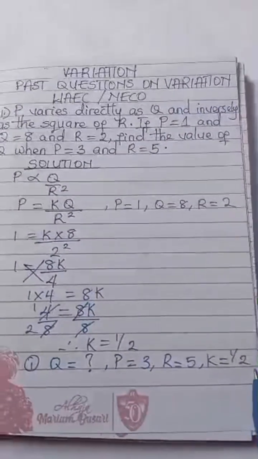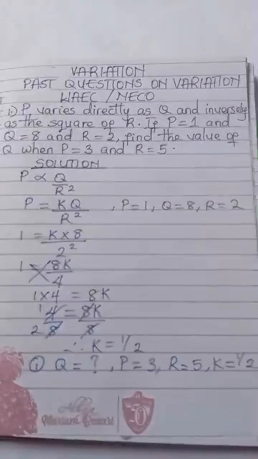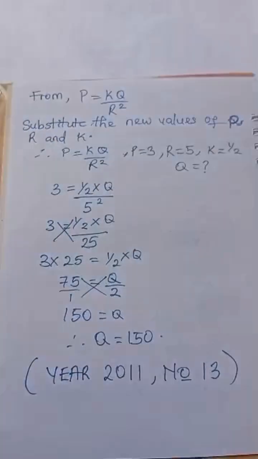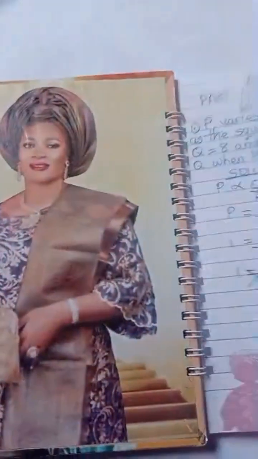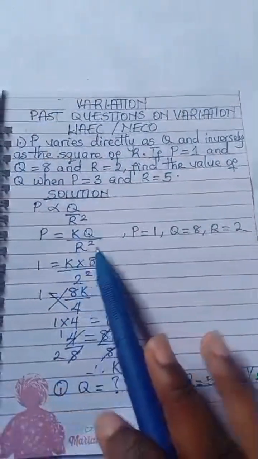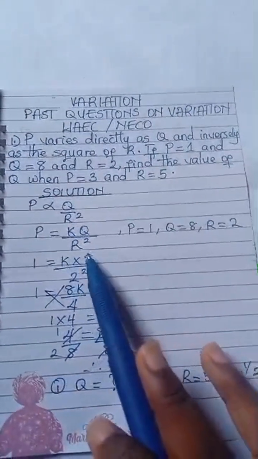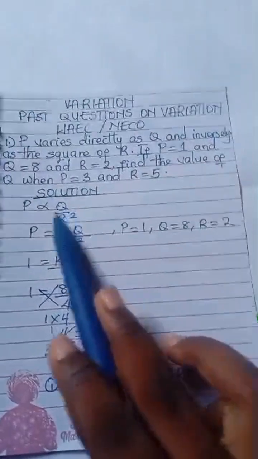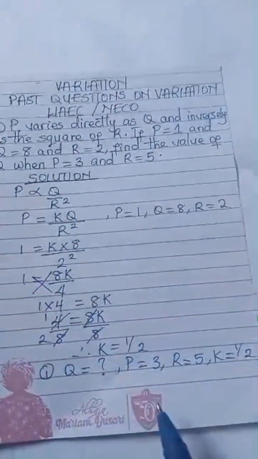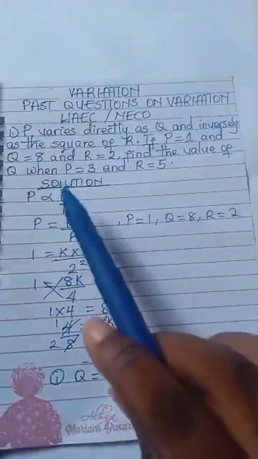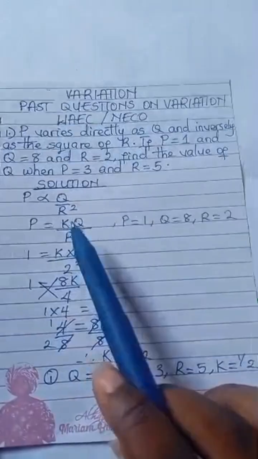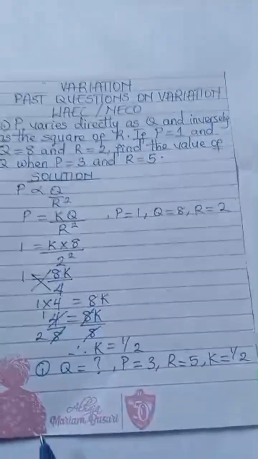So from P is equal to kQ over R squared, I'll just use this formula straight, since I'm looking for Q now. I don't need to come back and use this one, since I already brought in my constant in this other formula. So this is the formula I'm going to use.